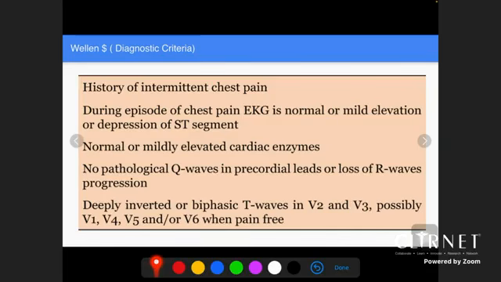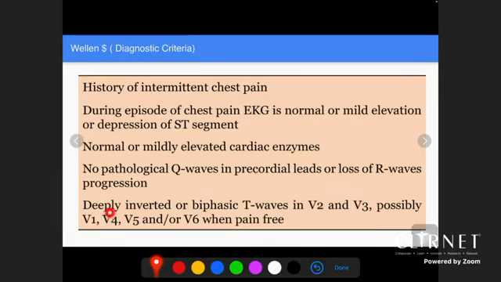So what is this pattern? It is deeply inverted or biphasic T wave in V2 and V3. This can possibly extend to V1 or V4, V5, or even V6 when pain-free. So the main diagnostic criteria should be in V2 and V3. Maybe it will extend proximal or distal to V1 or V4, V5, V6, but it has to be in V2 and V3.